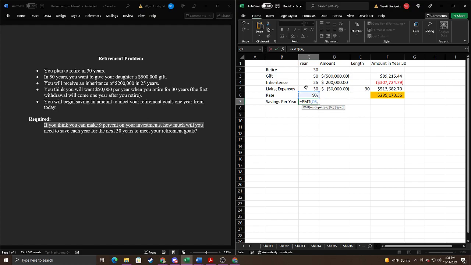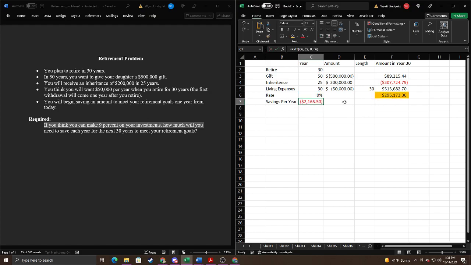We're going to have the number of periods, which in this case is just the 30 from before. The present value will be 0, and the future value will be this $200,000. And we're going to hit enter, and we need to pay in about $2,165.50 every year, and that's at the end of every year in order for that to work.